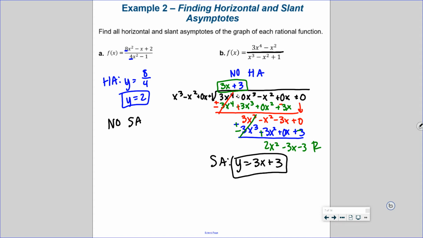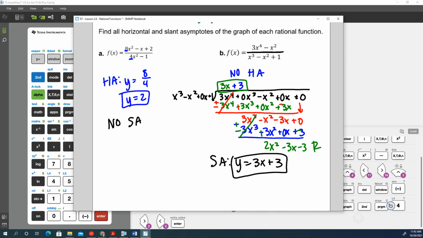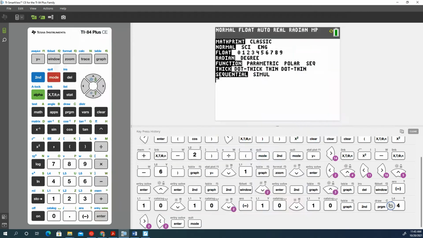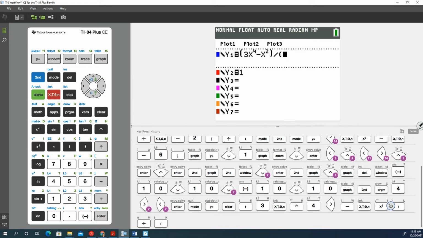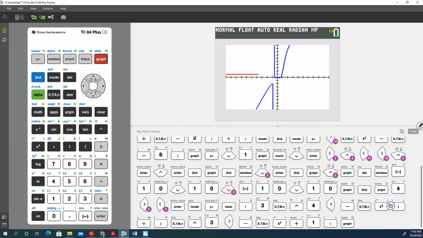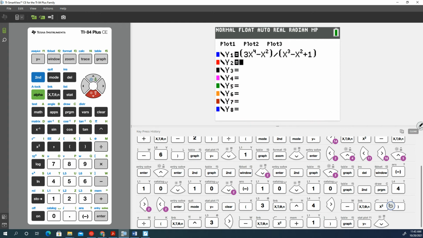Let's graph this one so you can kind of see what a slant asymptote looks like. You don't have to do it. You can just watch the smartboard if you want. All right, 3x to the 4th minus x squared divided by x cubed minus x squared plus 1. Oops, I saw that horizontal asymptote in there. We don't need that.